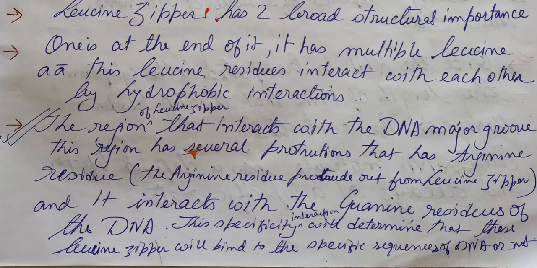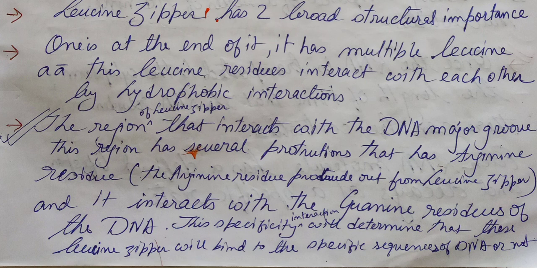The region of leucine zipper that interacts with the DNA major groove has several protrusions that have arginine residues.